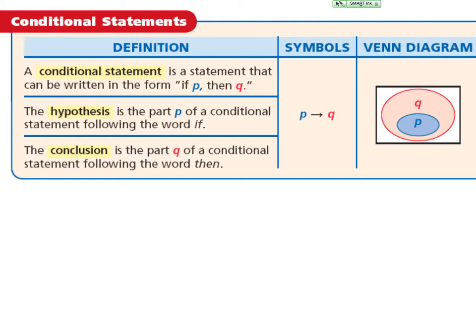Maybe you have towns in Nebraska, and then inside it is Seward. So if you live in Seward, then you live in Nebraska. That would be the idea of a Venn diagram.